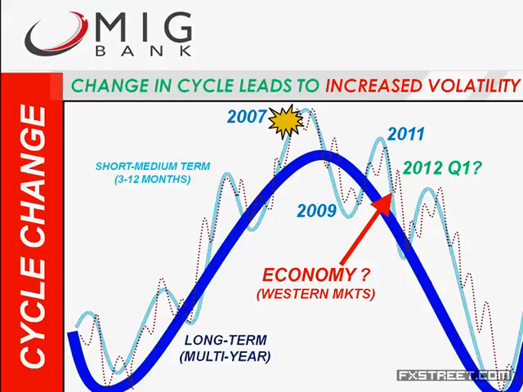Where I think we will be in Q2, and certainly into the summer months of this year, which is a very key cycle point for me, a major bottom in most of the risk markets, is likely to be at the bottom of that medium-term cycle within the long-term cycle, the light blue line and the dark blue line. So that's potentially where we could be in Q2. So just keep in mind that we might have some fast-moving markets in the second quarter of this year.